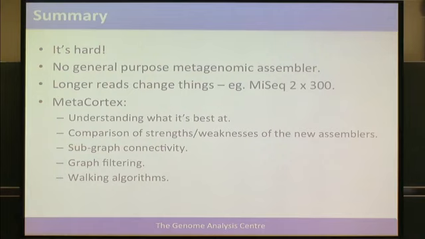So we want to keep developing MetaCortex. It's not something we've had a lot of time to do, but we want to understand what it's best at and where its strengths and weaknesses are compared to other assemblers. We want to look at issues like subgraph connectivity, whether our naive total disconnection approach can be improved upon, and whether there are more things we can do with graph filtering.